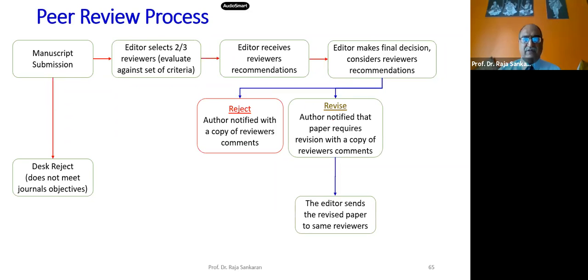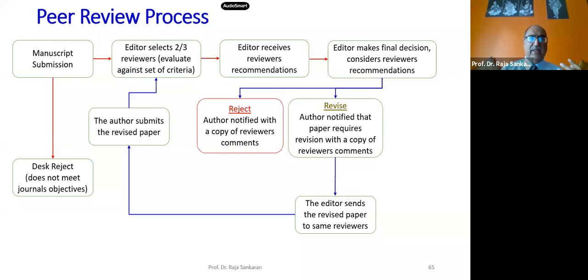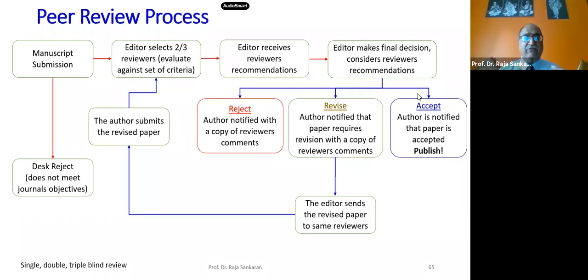If it goes for revision, the editor would send it back to the authors, and the author would then make revisions and submit the paper back to the journal, which again goes through the same process. That means the reviewers will again evaluate and provide recommendations. At the final stage comes the acceptance, and that's where you can enjoy and have some kind of treat. Okay? If the paper gets accepted in the journal.